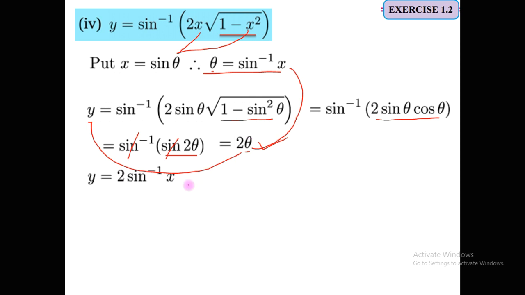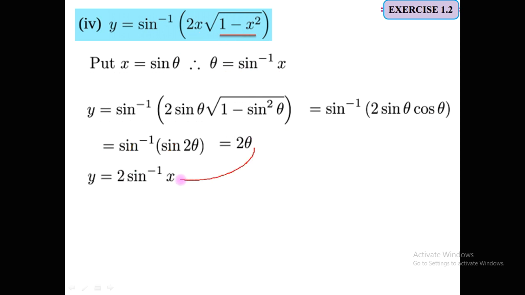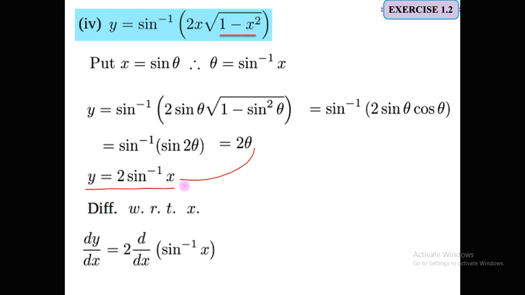So I need to replace theta by sine inverse of x. So y is equal to 2 sine inverse of x. Later on we will differentiate this with respect to x to get dy by dx is equal to 2 times d by dx of sine inverse of x, which is nothing but 2 times the sine inverse function's derivative, 1 upon square root of 1 minus x square.